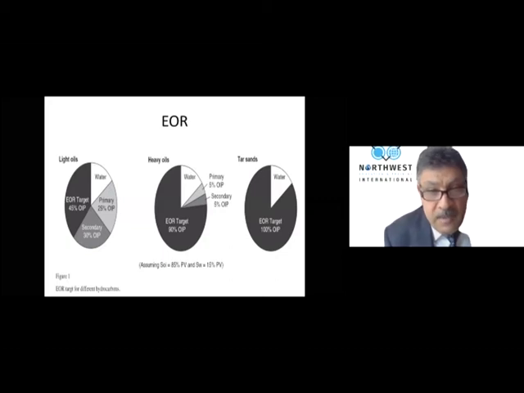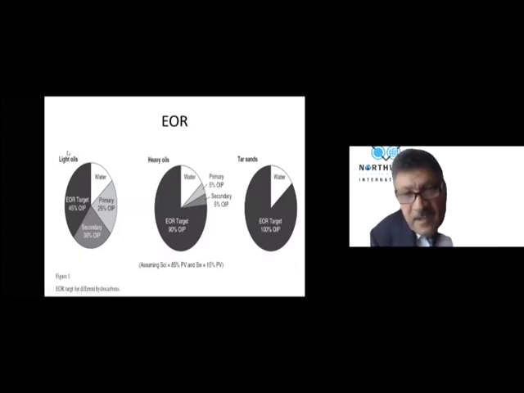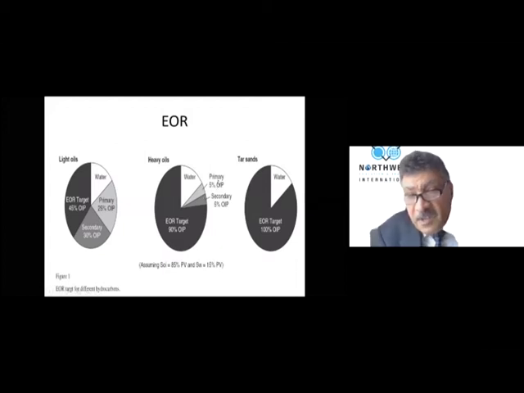There is also some statistical data that tells me that if I have light oil, and by light oil we talk about API 35, 36, 37, 40, we call it light oil. So we can recover a good amount of it by primary and secondary, but with tertiary, I need to use something else to get the remaining oil. For heavy oil, primary is very little, secondary is very little, but thermal is very important, 90%.